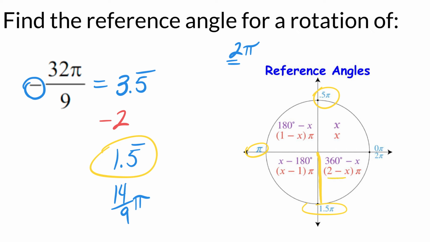So if we're in the fourth quadrant, what we're going to use is in this case, the red symbols, and the red symbols say to take 2 minus our measurement. Now, it's not the original measurement, it's the measurement that we see here. So we will do 2 minus 14/9. So 2 minus our value 14/9. It actually gives me 0.4 repeated.